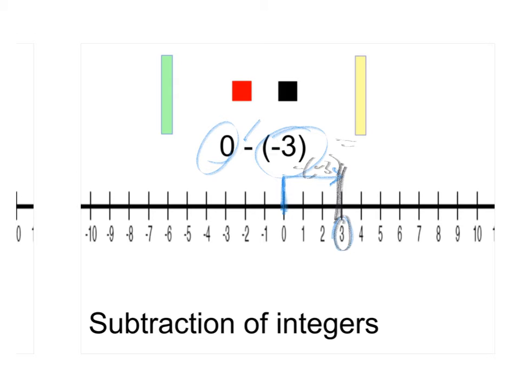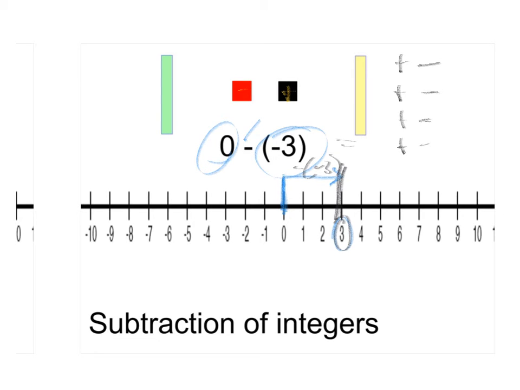Now, one way to look at this is to say, if we said these are our negatives and these are our positives, if we had 0 and we took 3 negatives away. Now, we generally use the number line, but I have 0, which could be 4 positives and 4 negatives, and that would give me 0.